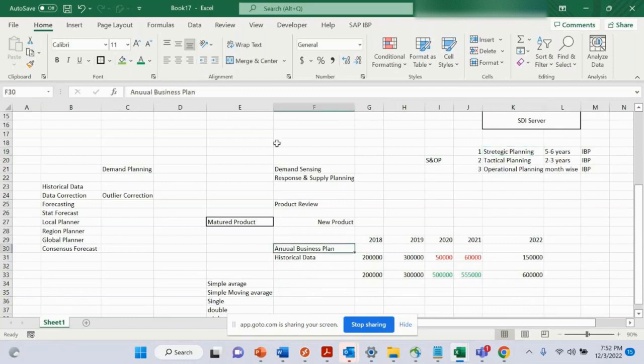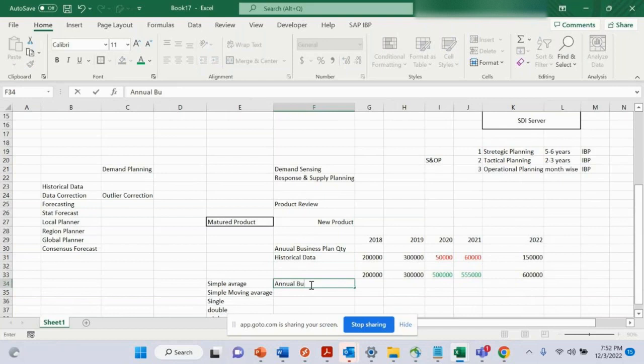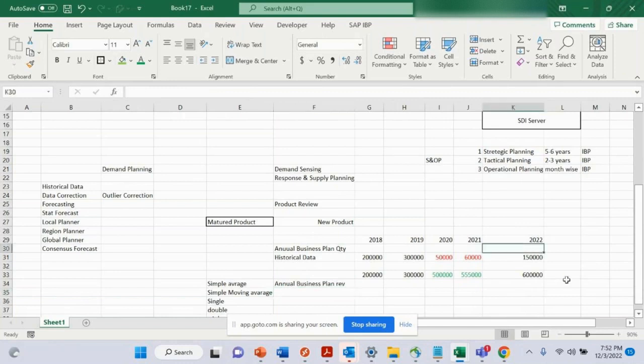It is called the annual business plan quantity, and the other thing is called the annual business plan revenue. Okay, now maybe here they have put 5 lakh of quantity, and revenue based on 5 lakh of quantity is, say, $33 million.